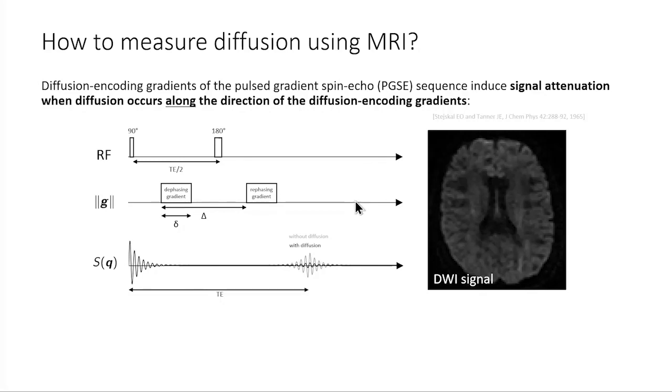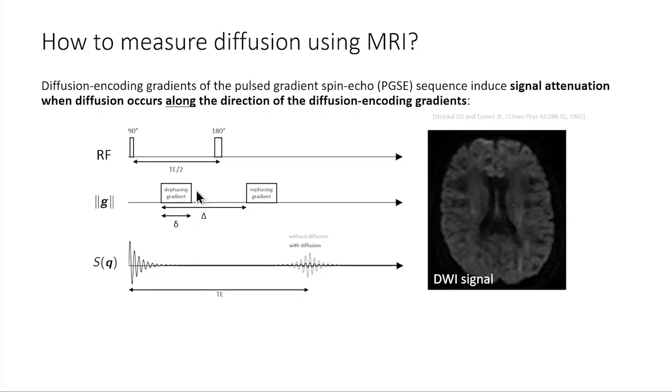And if we then add a diffusion gradient pair, one dephasing gradient before the 180 refocusing pulse and one rephasing afterwards, we can make the acquisition diffusion weighted.